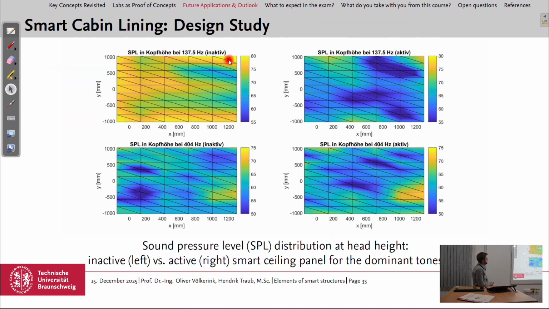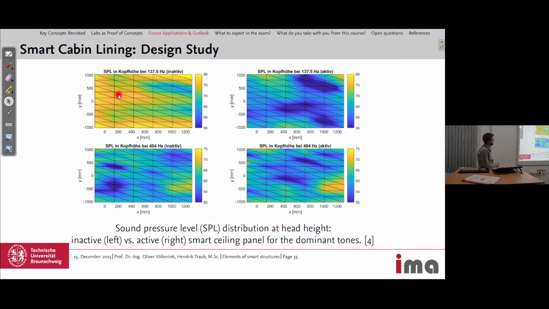Then they measured the sound pressure level, so the distribution of the sound pressure level at head height and afterwards also at different heights. And this was in the preliminary design study. So these are not measured values, but the calculations for the design.